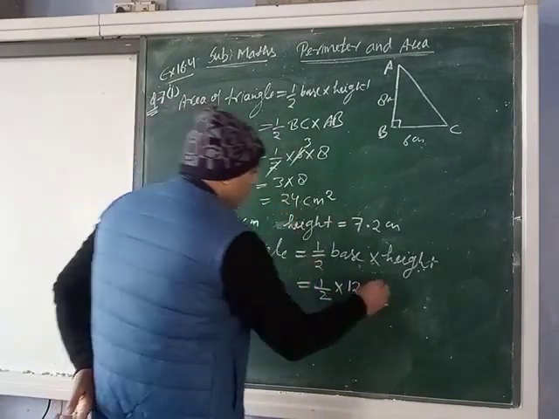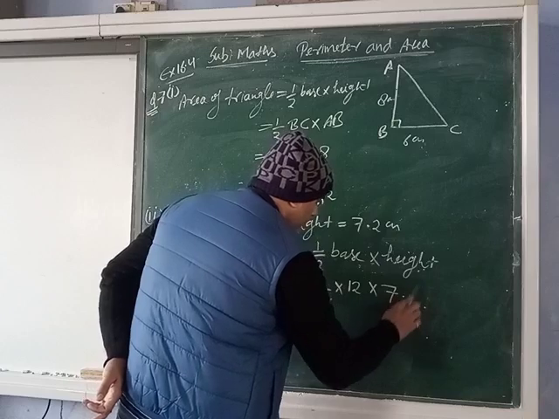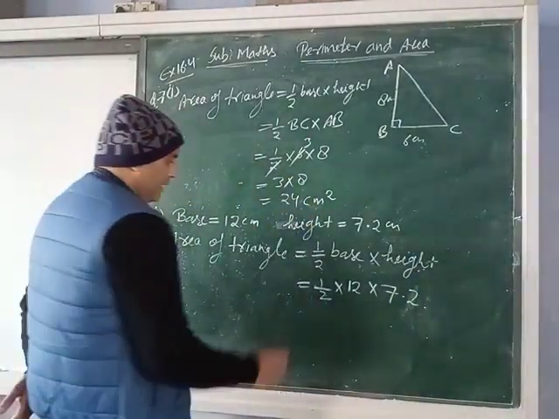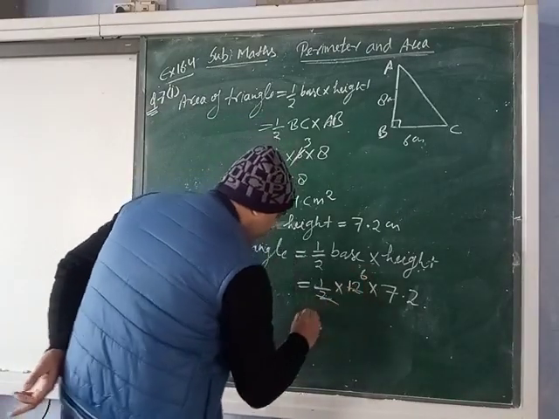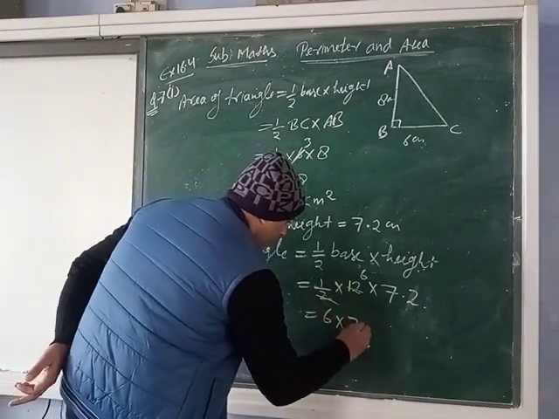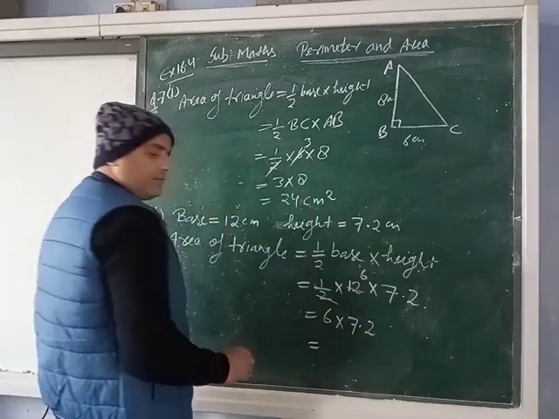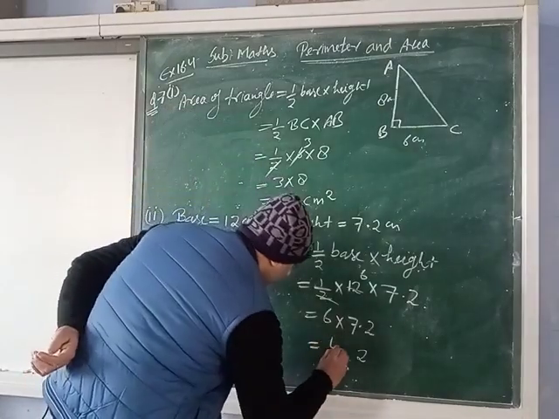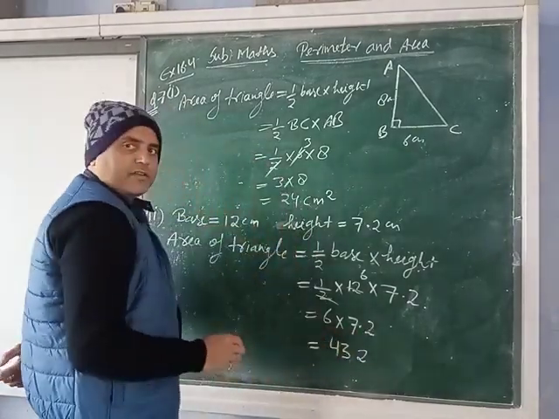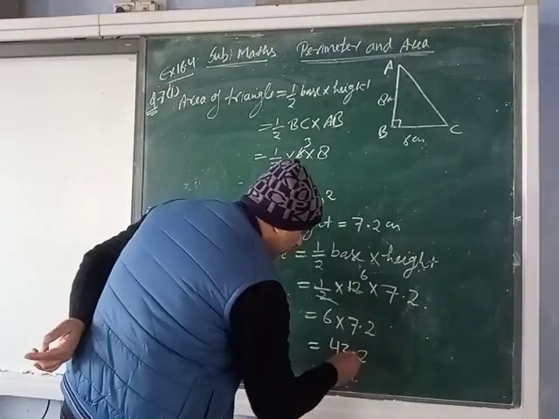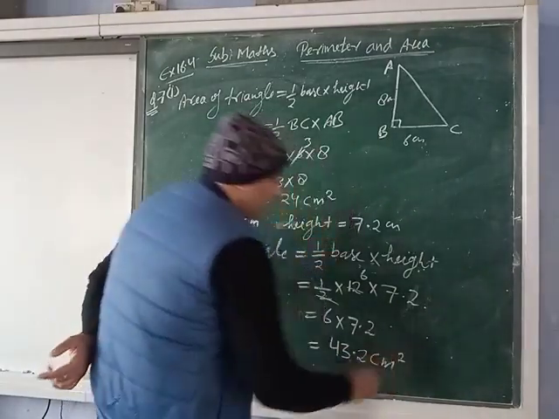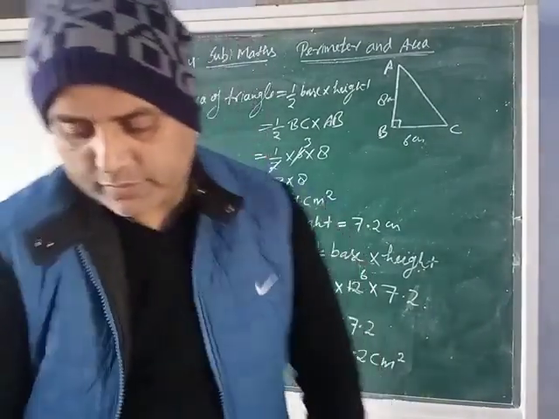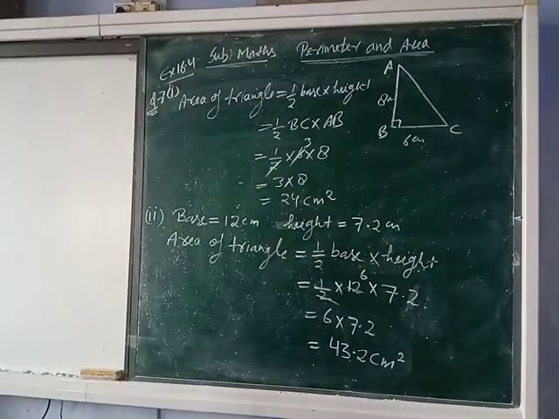And what is the height? 7.2 centimeter. 2 6s are 12. Multiply this. 6 2s are 12. After one, this decimal is here now. So put the decimal. And therefore the area will be 43.2 centimeter square. Write down.